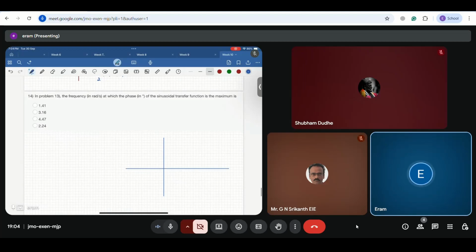So this is how it looked. Assume this is a semicircle and we have 0.4, we have 1, and this is 0.7. Now your maximum phase will be at the point at which you have a tangent from the origin. So let's draw the tangent. We get the tangent here, and this makes 90 degrees.